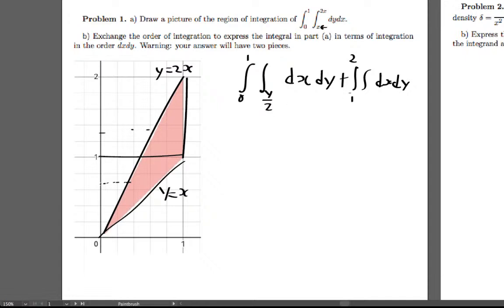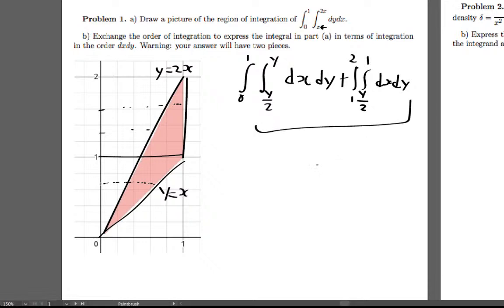So it's both y over 2 there, and for the maximum one, it's y equals x. That means x equals y. And for the one that goes from 1 to 2, you can see that this guy here is x equals 1. Therefore, this guy will go until 1. And this is actually the answer.